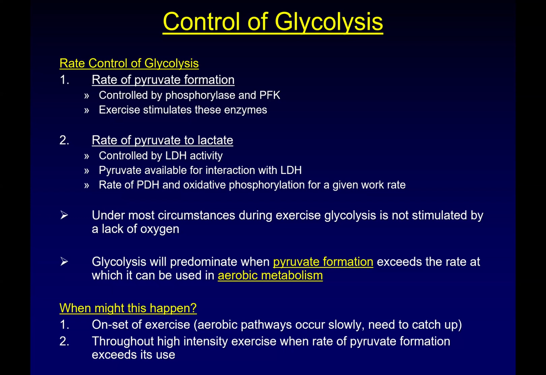So I want to point it out again. Glycolysis is not stimulated or inhibited by anything to do with oxygen. Carbohydrate metabolism is governed by these enzymes. It has nothing to do with oxygen.